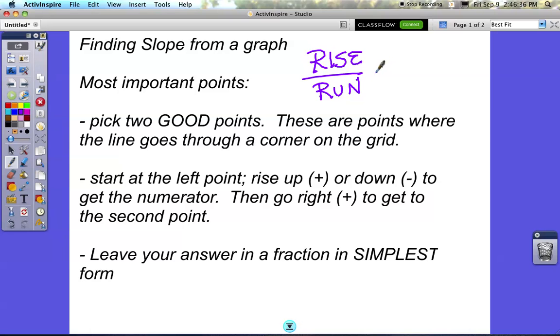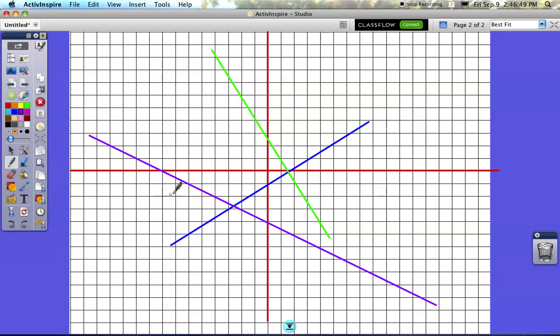This goes back to the lesson last week, which were the change in your y's over the change in your x's. Okay, so let's take a minute and look at some examples, and I hope that you can see these. I have a blue line, a purple line, and a green line. So I'm going to try to find the slope of the blue line first.